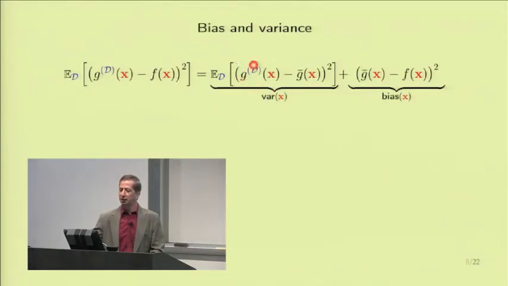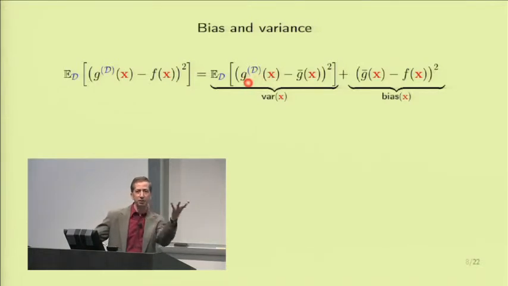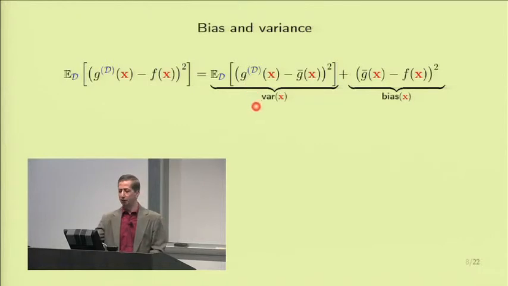Because the expected value of this fellow is g bar, and I'm comparing the difference squared with this, it is properly called variance. This is the variance of what I am getting due to the fact that I get a finite data set. Every time I get a data set, I get a different one, and I'm measuring the distance from the core that I get here. So this will be called the bias, and this will be called the variance. This is very clean.